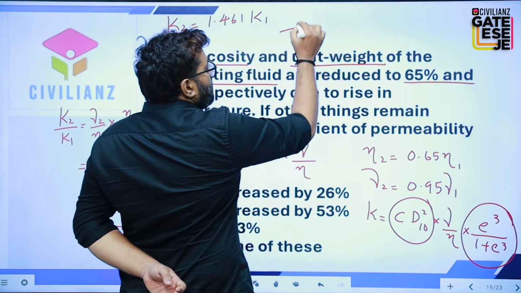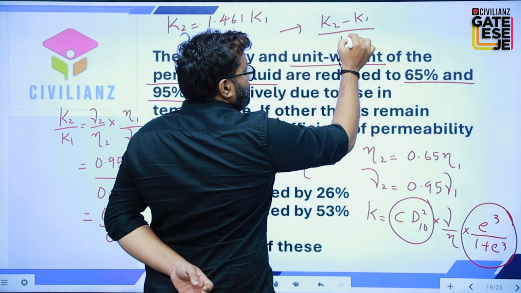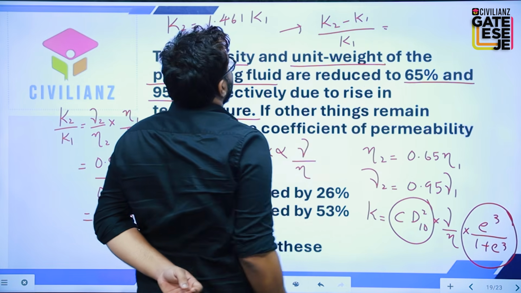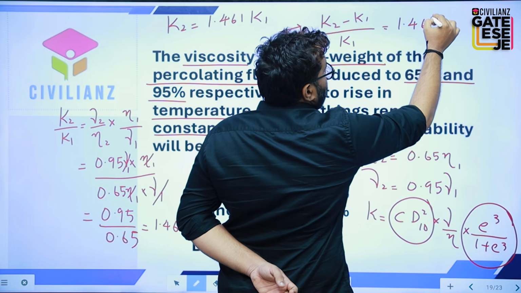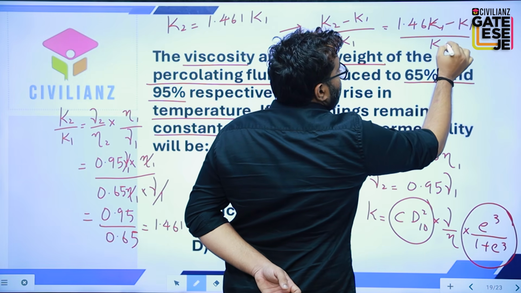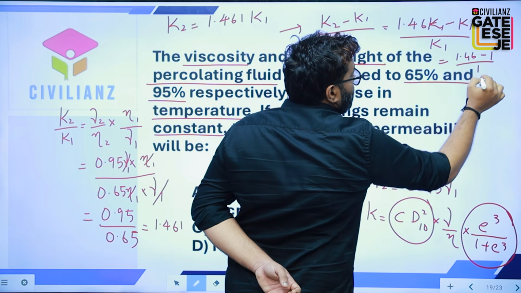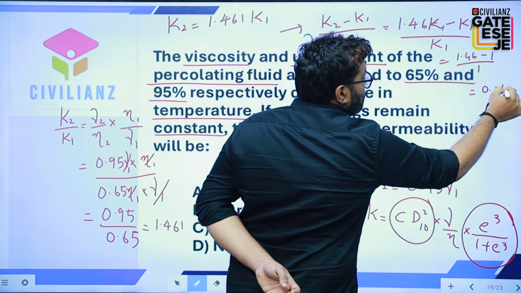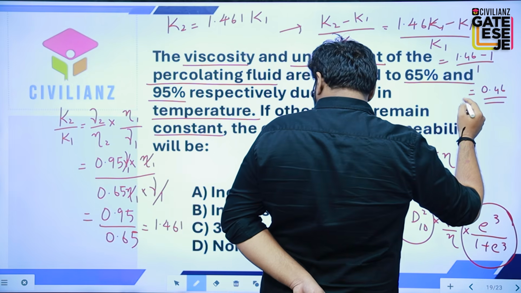So the increase means K2 minus K1 by K1, is equal to 1.46 K1 minus K1 by K1, is equal to 1.46 minus 1 by 1, is equal to 0.46 or 46%, right?